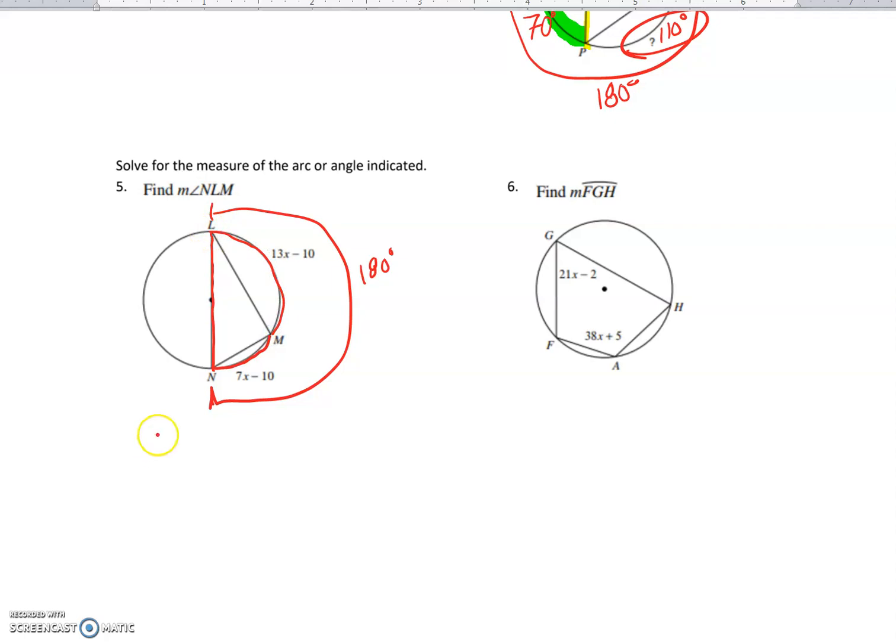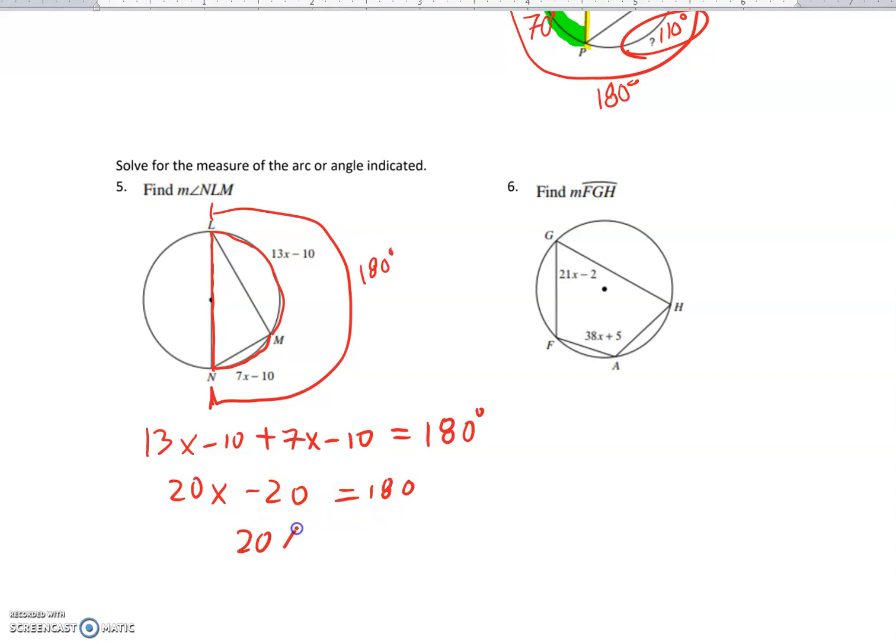They have to be 180 degrees. So I would say 13x minus 10 plus 7x minus 10 has to equal 180 degrees. And from there, we would get 20x minus 20 equals 180. Add 20 to the other side, you get 200. And then divide by 20 to get x is 10.